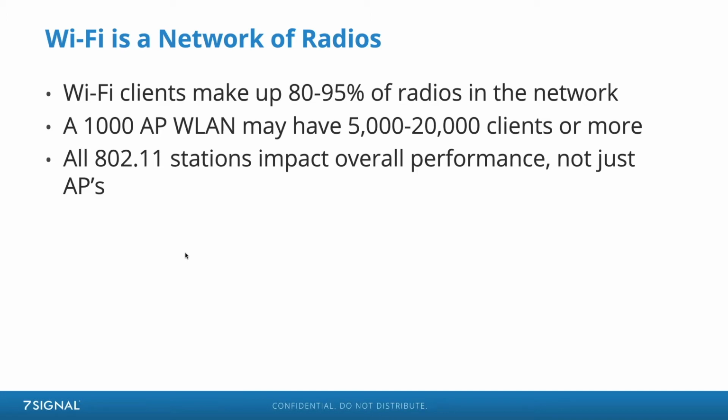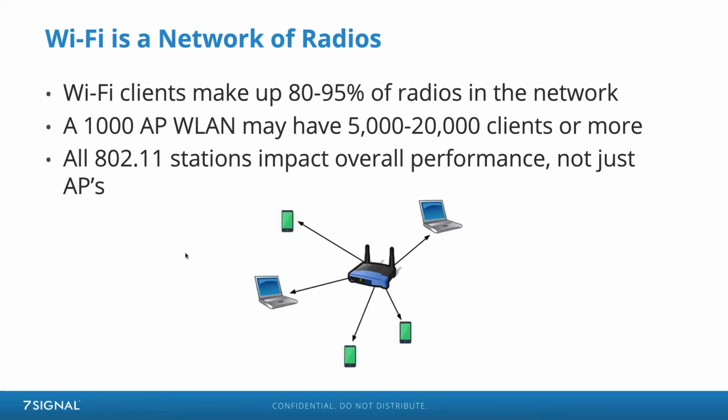And when we talk about clients and APs, you'll hear me use the term station. That's just a radio station. It's either a client or an AP, anything with a Wi-Fi radio that's transmitting or receiving in the 802.11 standard just gets called a station. So I'll use that term a little bit today. And they all have an impact on overall performance.